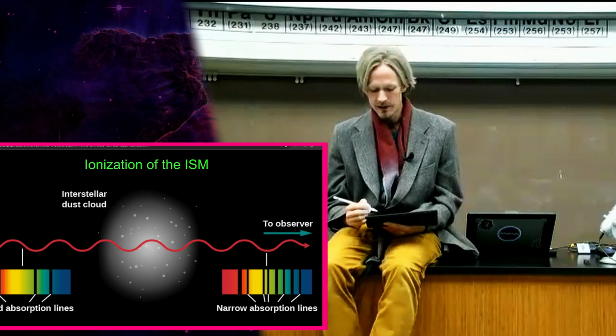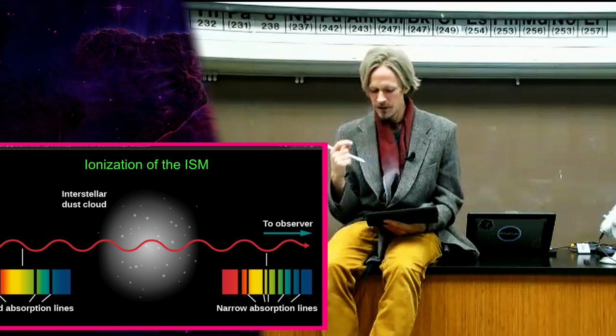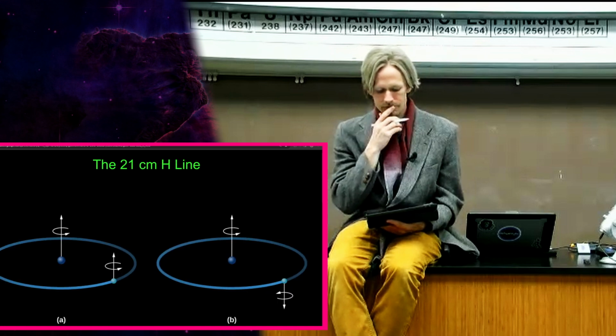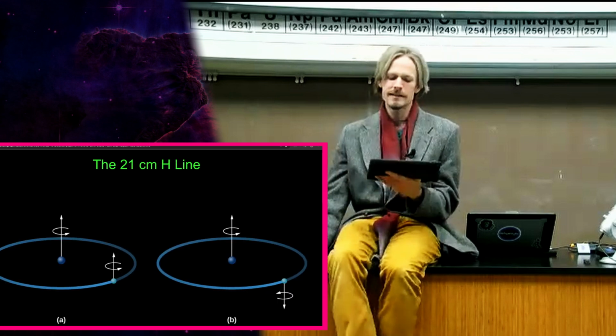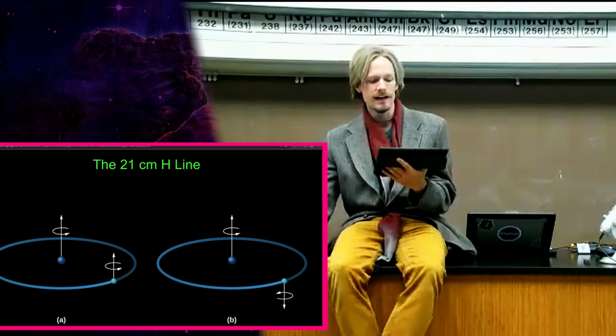And so this became a huge trouble about how in the world we would actually go about detecting this neutral hydrogen. And the key to that was actually discovered not until around 1945.